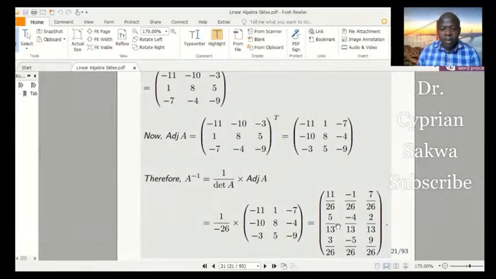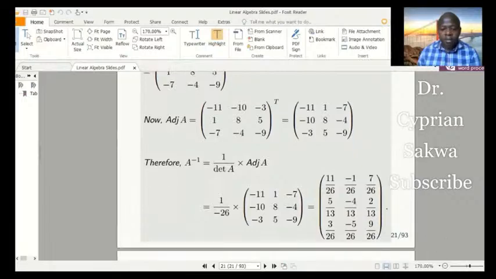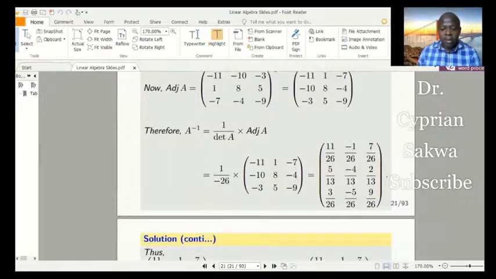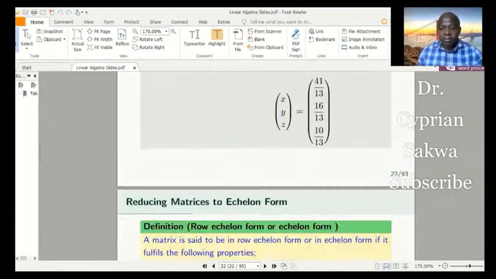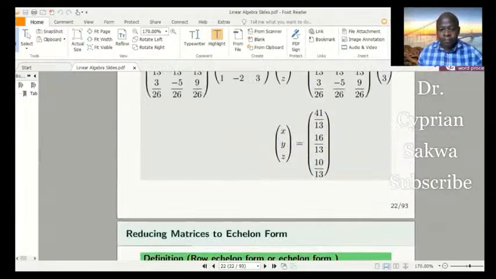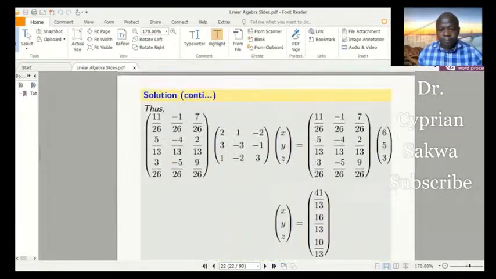Now once you have the inverse, multiply that inverse to the left of the coefficient matrix. I have multiplied to the left of this matrix.